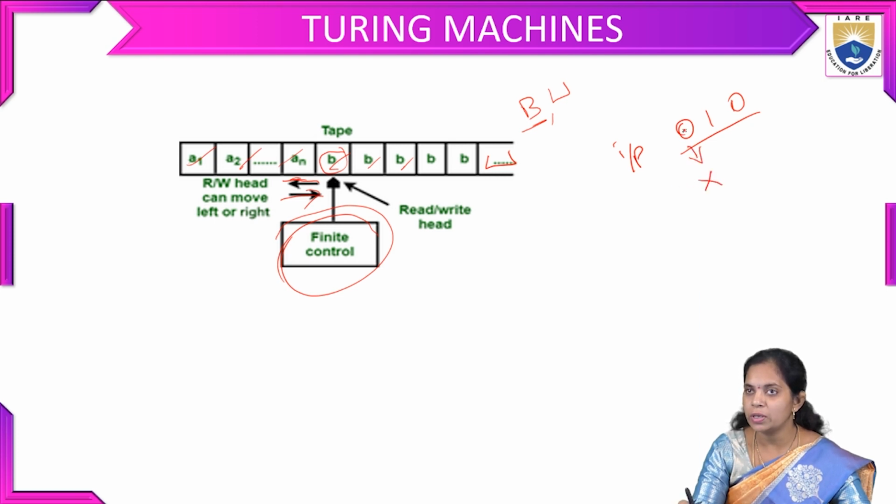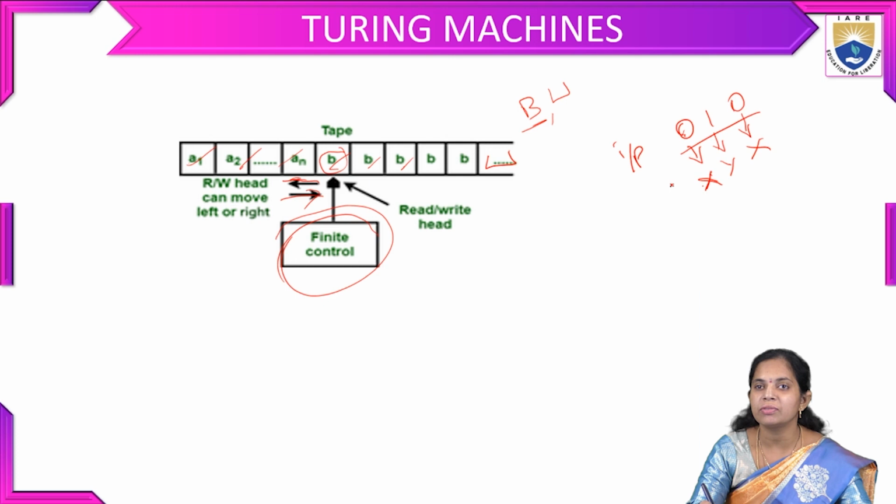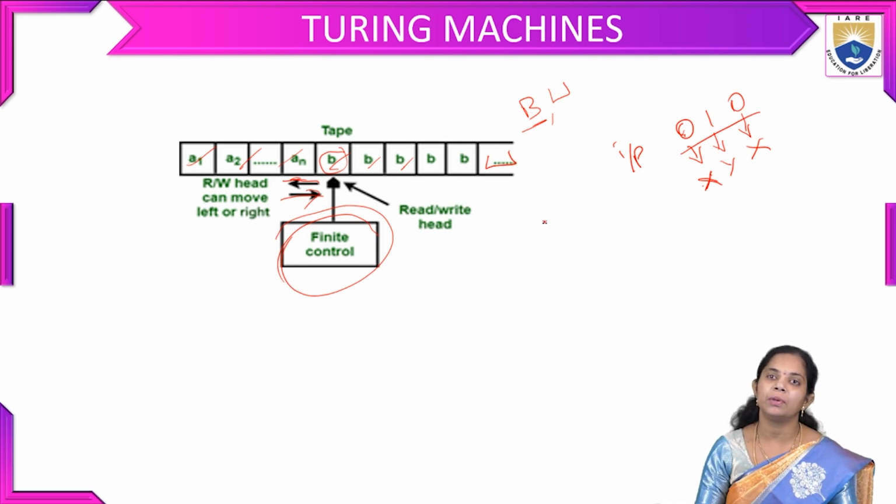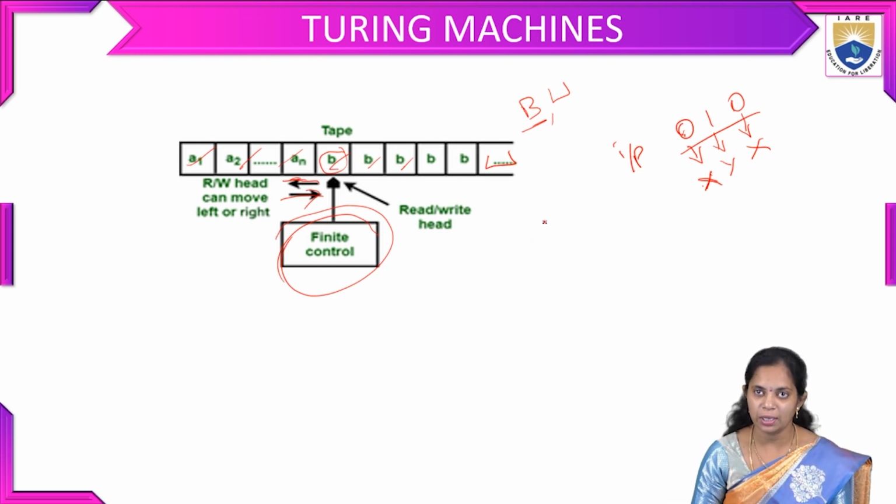After reading 0, we will replace 0 with X. After reading 1, we will replace it with Y. And after reading 0, we will replace it with X. So this is how read and write operations are performed in the tape. That is a Turing machine tape.